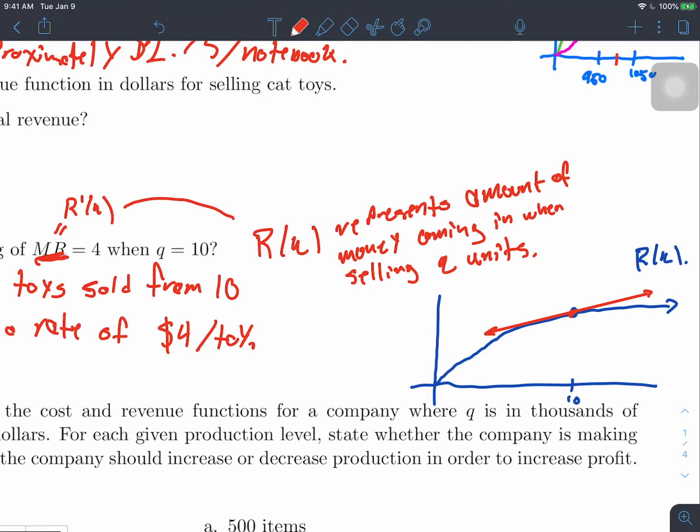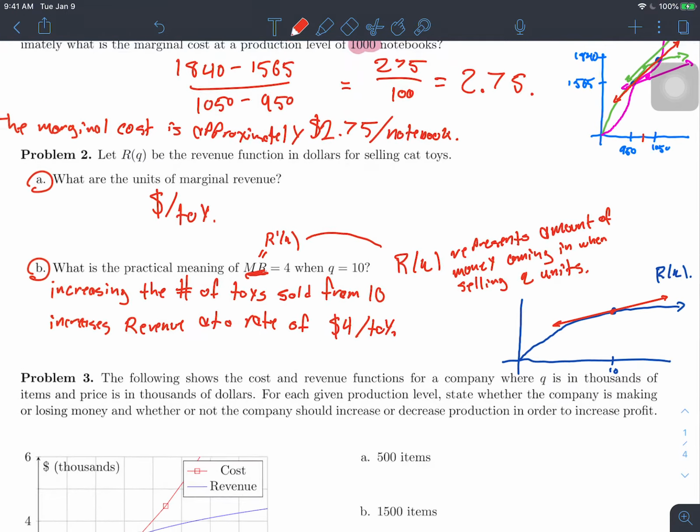So having this information about the way that the graph is changing is telling us a lot, not so much about what financial situation we are in, but rather how changing some of the parameters in our business is going to affect our financial situation. That's what's happening with this marginal cost and marginal revenue stuff.